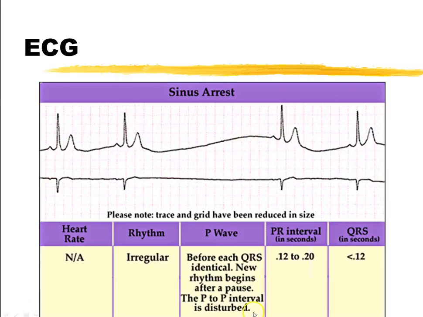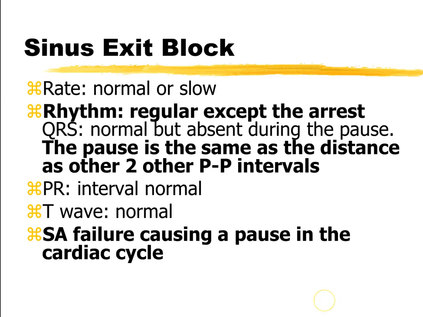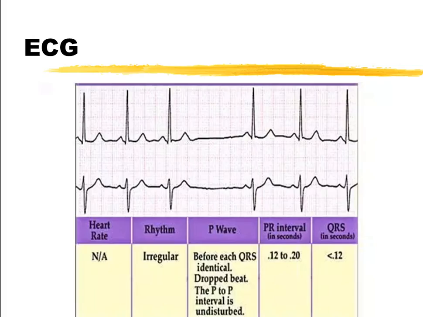So this, as we indicate down here on this little graph, the P to P interval is not consistent, which is different on the next one here, the sinus exit block. This is the same thing except the P to P intervals are consistent. Okay, so that dropped beat, it's going to pick it up at the same rate. It's going to remember, oh, I missed that one. I'm going to start it up again where I left off, and it's going to be exactly right on.